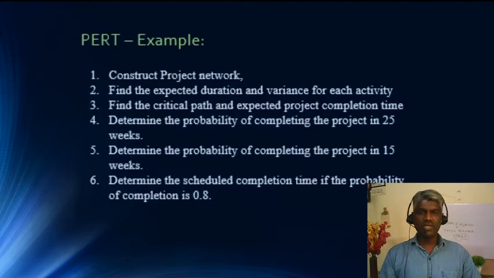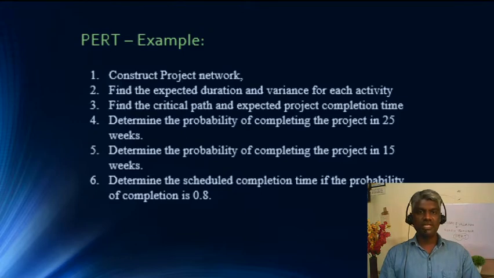And now we are going to discuss PERT with an example, with a problem which has 6 questions. The first one is construct project network. Second one is find the expected duration and variance of each activity. Third, find the critical path and expected project completion time. Fourth, determine the probability of completing the project in 25 weeks. Fifth, determine the probability of completing the project in 15 weeks.